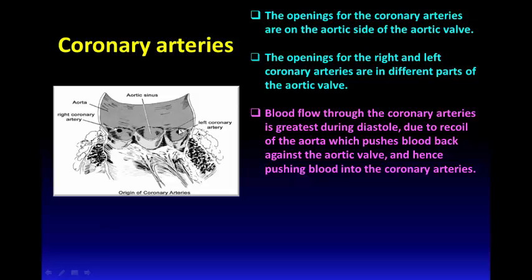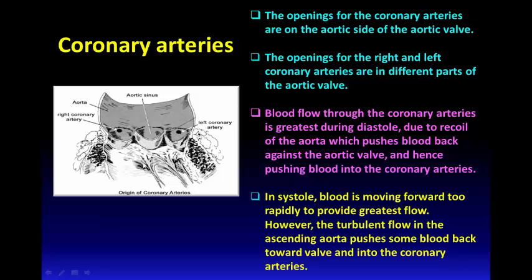Blood flow through the coronary arteries is greatest during diastole due to the elastic recoil of the aorta during diastole, which pushes blood back against the aortic valve and hence pushes blood into the coronary arteries.